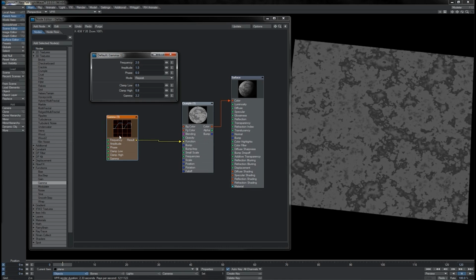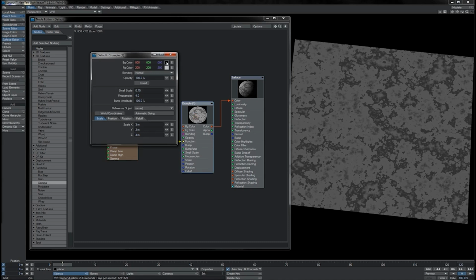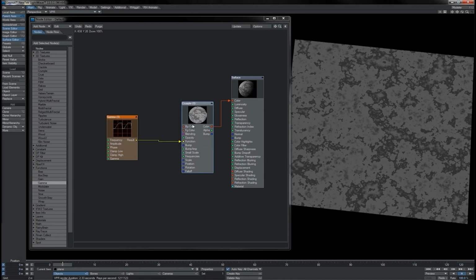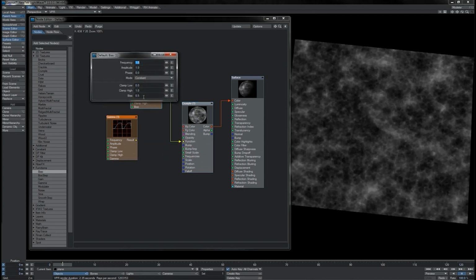So you see, effectively what these nodes do is they colour correct the procedural texture, or rather they give a curves adjustment between the two contrasting colours that you enter into the procedural. And the different nodes are just different presets to the curve really.